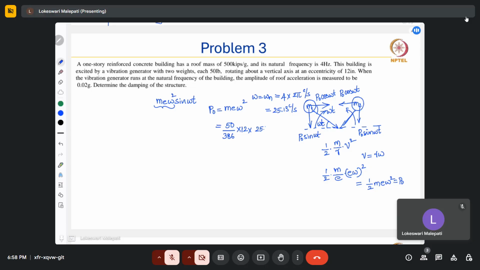So with 25.13 whole square, P naught is 981.6.